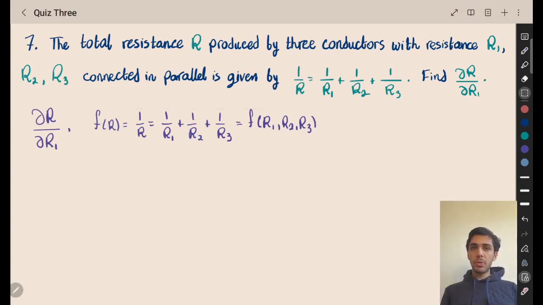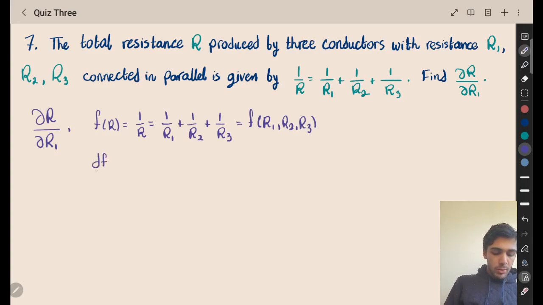And this will be useful because we will be computing some partial derivatives. We're looking to find the partial derivative of r in r1. Maybe it's a good idea to explore how that would be like.